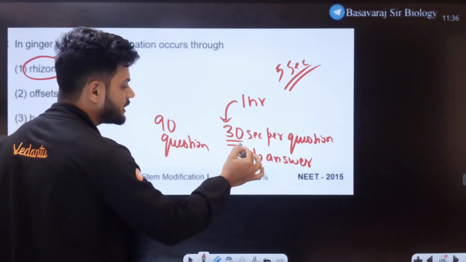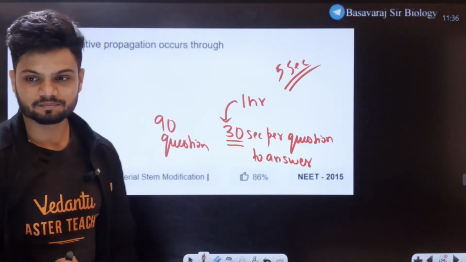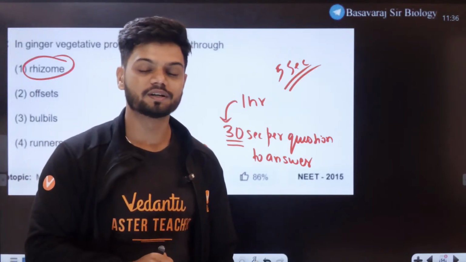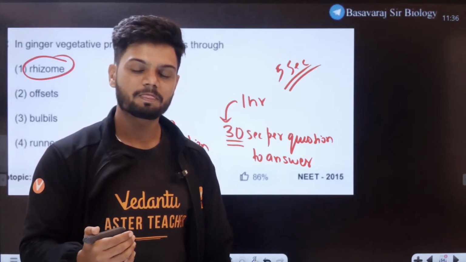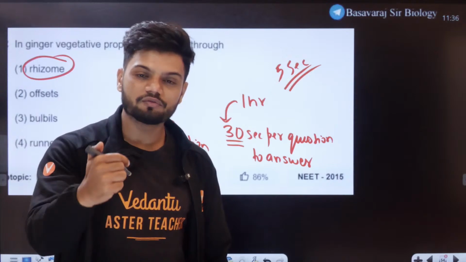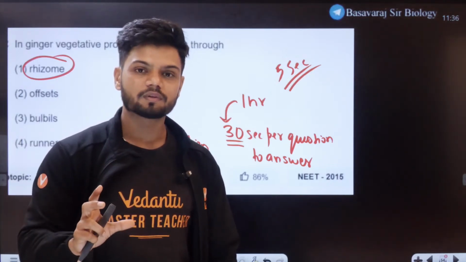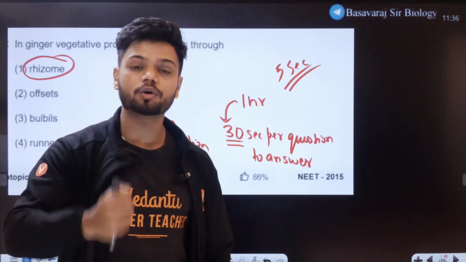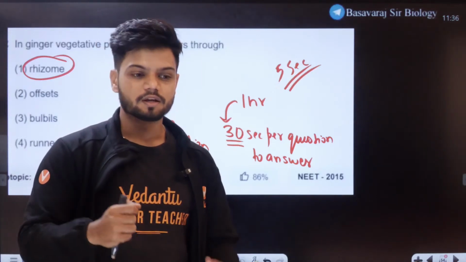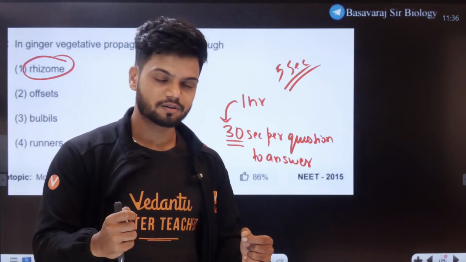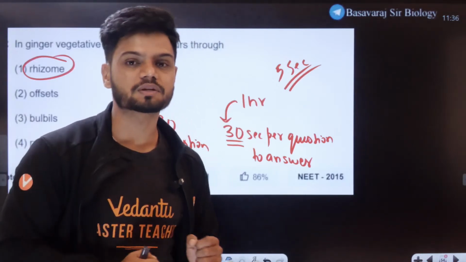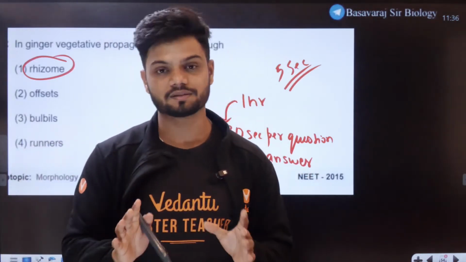Every 30 seconds, one question has to be done. Then you will ask, sir, how come only 30 seconds? For this, a video will come out today. I want everyone to see that video and get a proper idea of what you're getting into, because biology is going to be the game-changing subject for you in this examination.